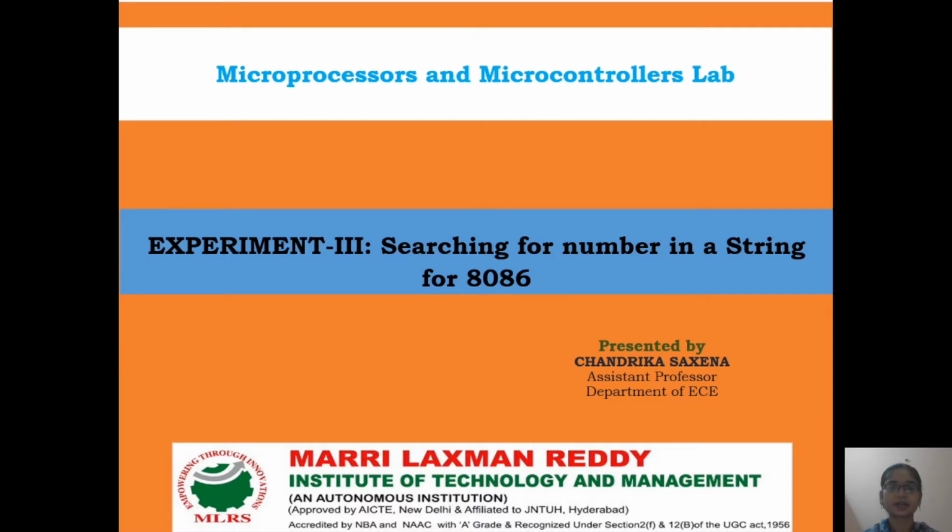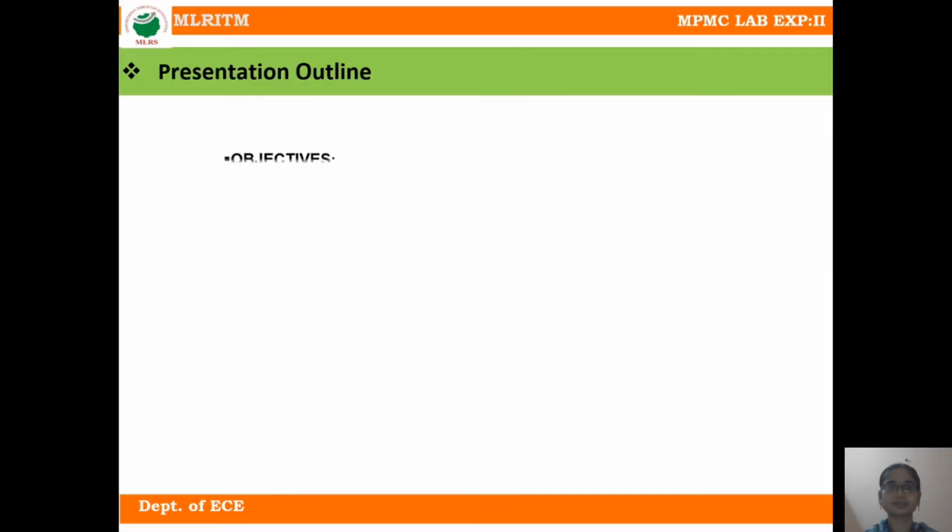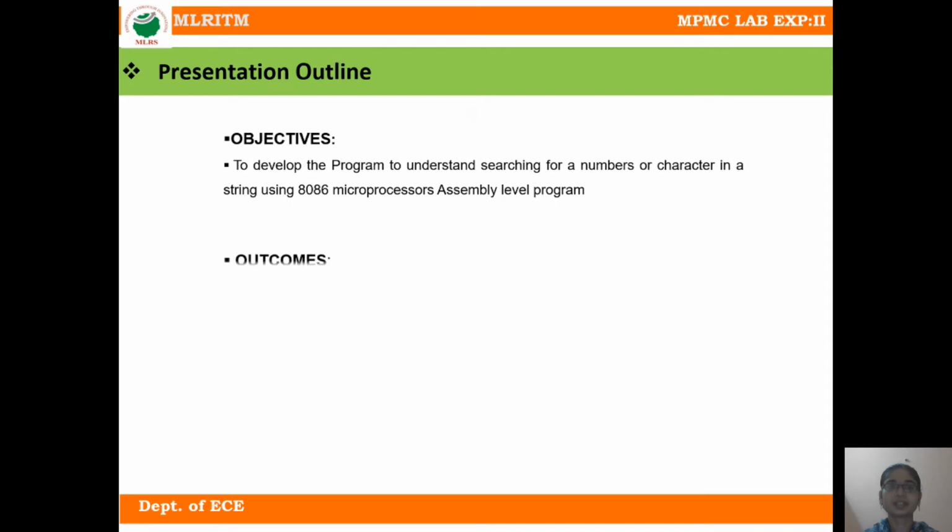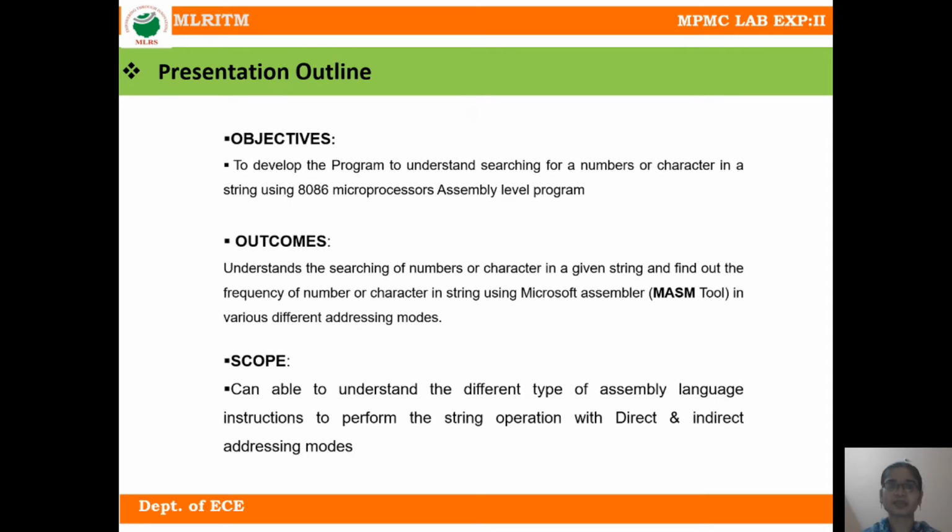Today my topic is experiment number 3, searching for a number in a given string for 8086. The objective of this experiment is to develop a program to understand searching for a number or character in a string using an 8086 microprocessor assembly level language program.